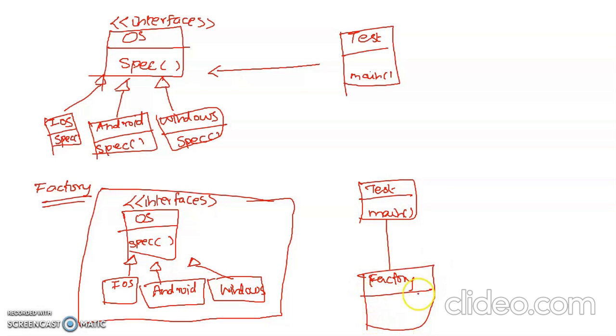This factory class will get the instances from this interface. Okay, instead of this design, we are going to follow this. Let us see this with some example code.